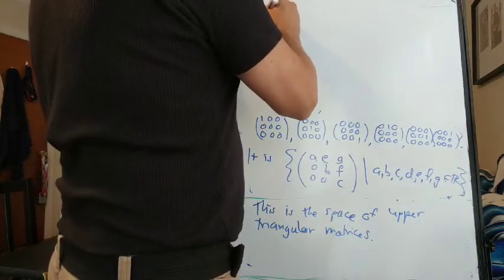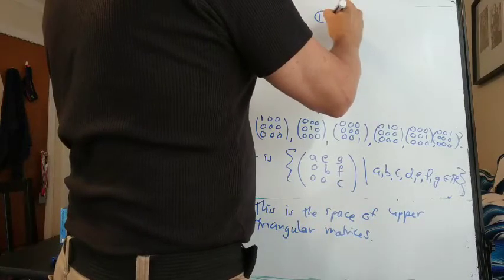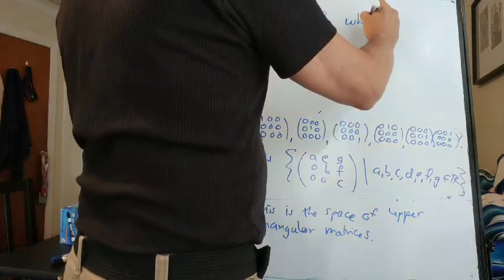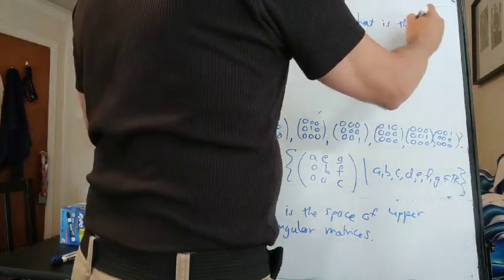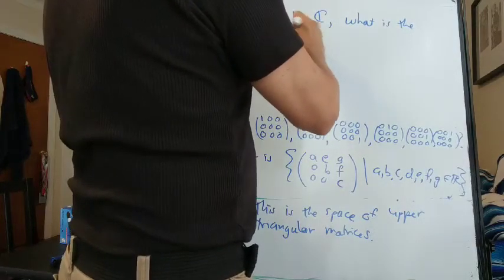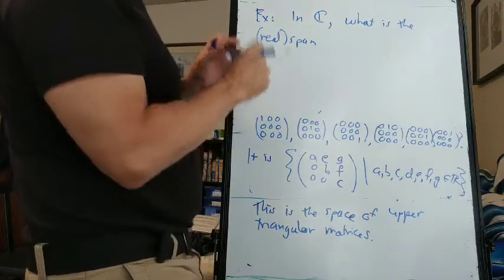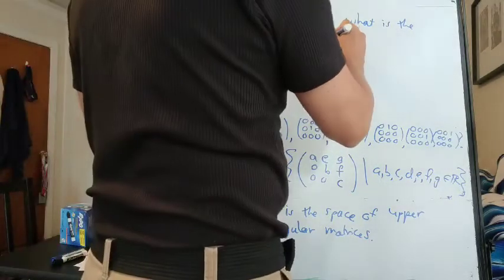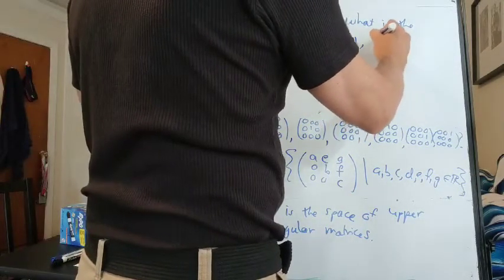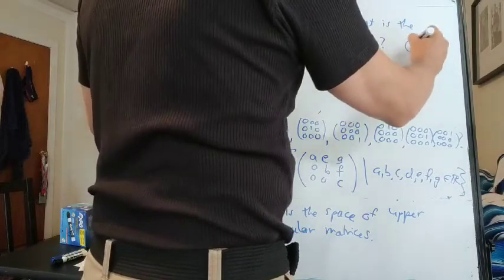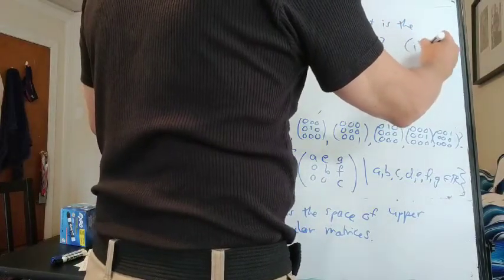Another example. In the complex numbers, what is the real span? I'm just saying real to emphasize that I'm taking real linear combinations of 1 and i. So i is the imaginary number that satisfies i squared is -1.